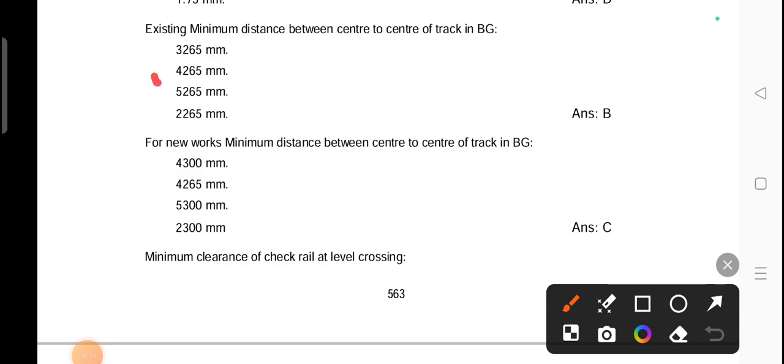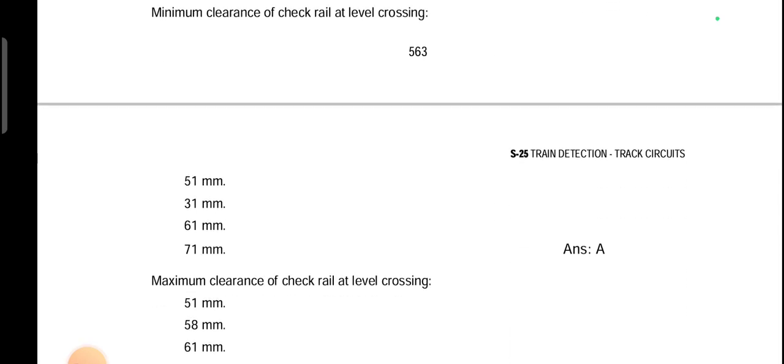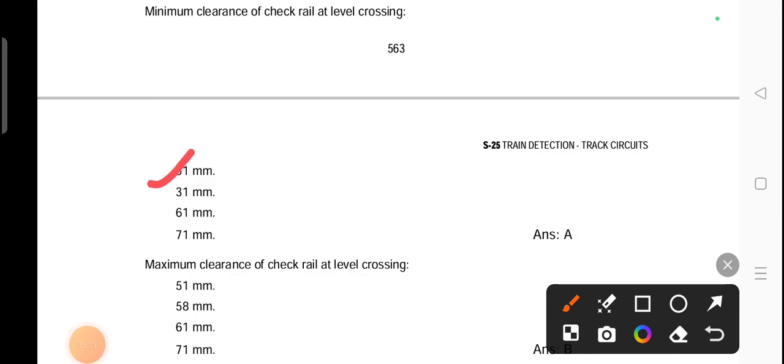Next, existing minimum distance between center to center of track in broad gauge: 4265 mm. Next, for new works, minimum distance between center to center of track in broad gauge: 5300 mm. Next, minimum clearance of check rail at level crossing: 51 mm. Next, maximum clearance of check rail at level crossing: 58 mm.